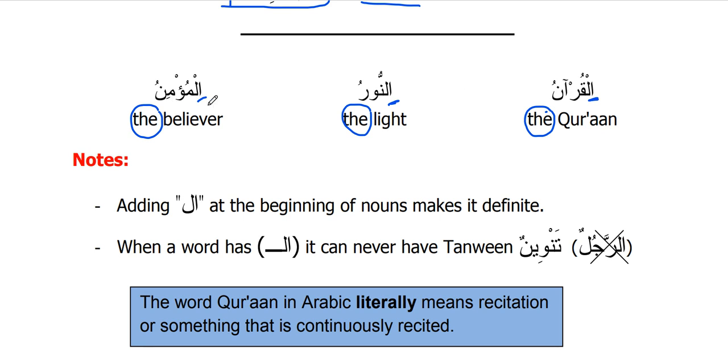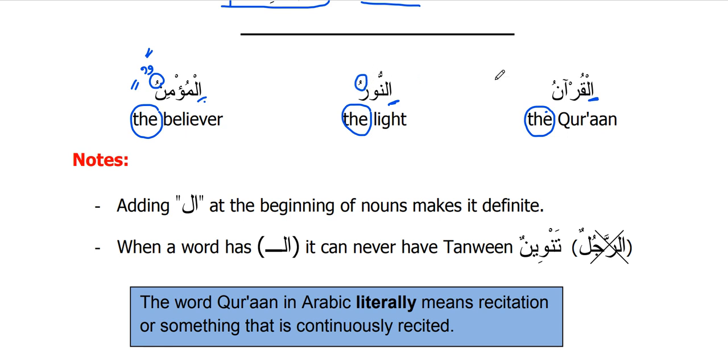And if it would have been an indefinite noun, how will you recognize? It should have a tanween dhamma, tanween fatha, or tanween kasra. But the moment it becomes definite, you will see a single haraka, be it dhamma, fatha, or kasra.